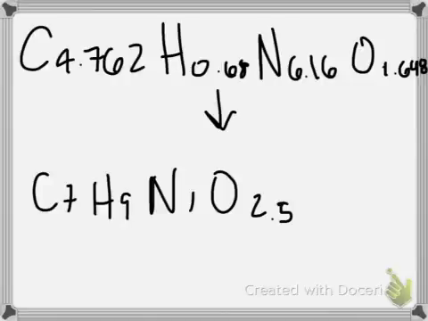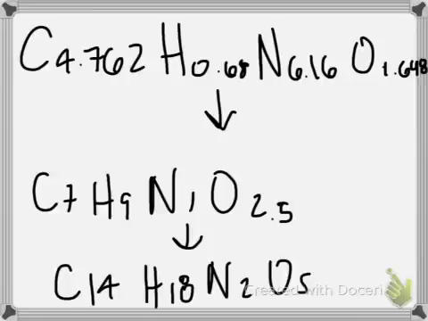But because oxygen has a decimal of moles, we have to multiply each of the moles by 2, so there's no decimals. So our final empirical formula is 14 moles of carbon, 18 moles of hydrogen, 2 moles of nitrogen, and 5 moles of oxygen.